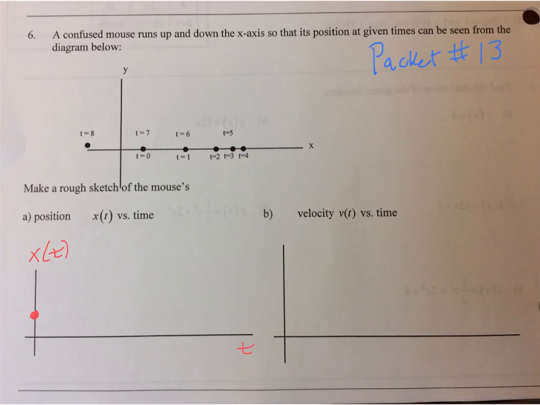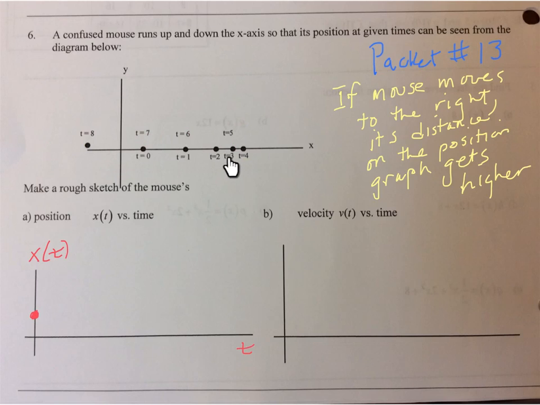Now we need to think about the fact that the distance between 0 and 1 is farther than the distance between 1 and 2. Likewise, the distance between 2 and 3 is smaller than 1 and 2, and the distance between 3 and 4 is smaller than the distance between 2 and 3.